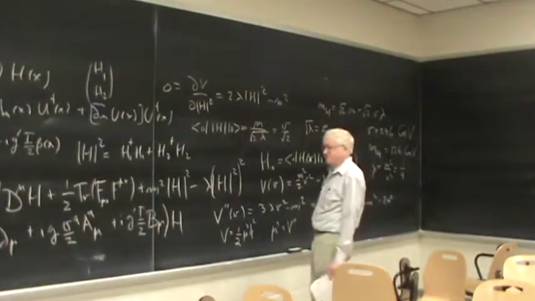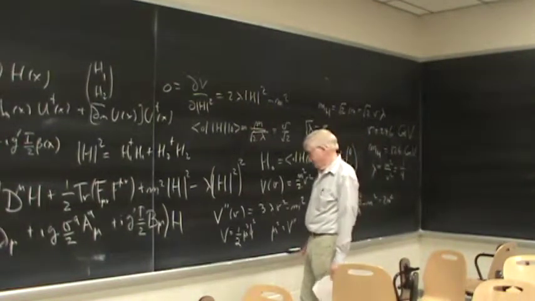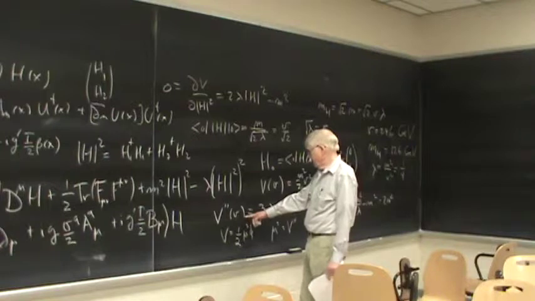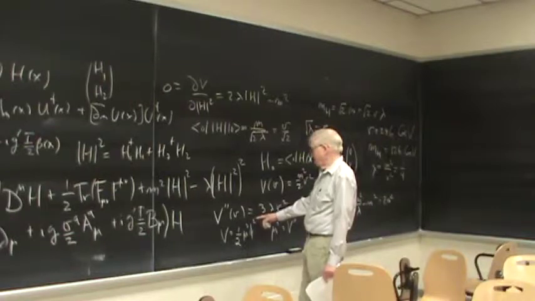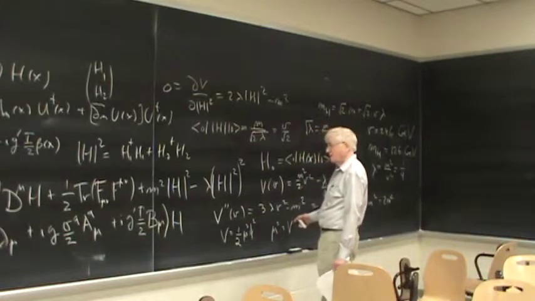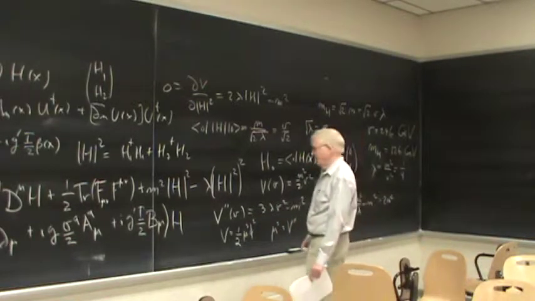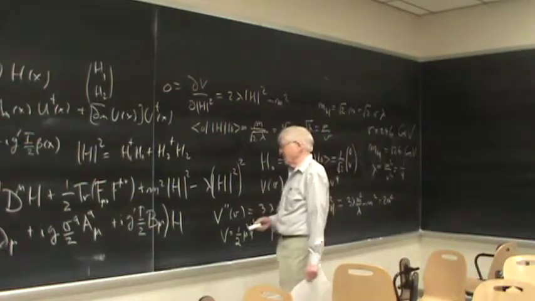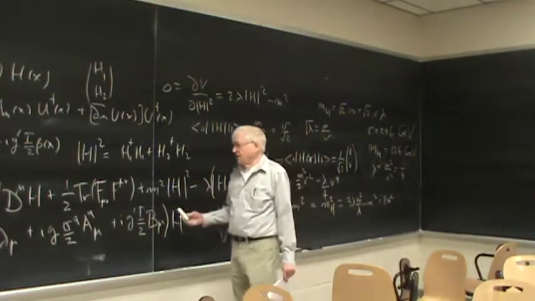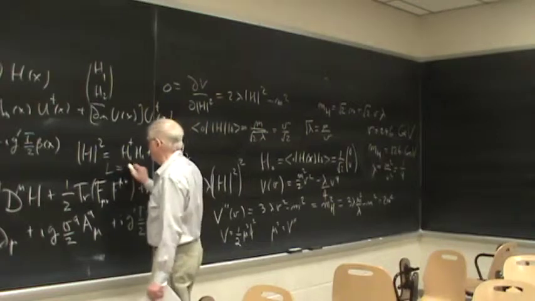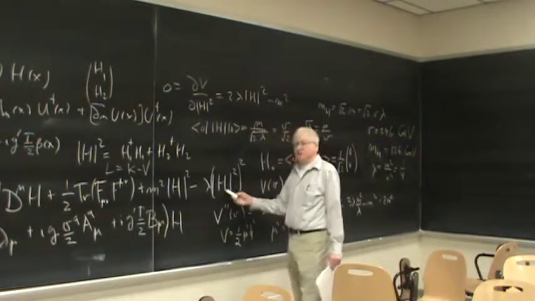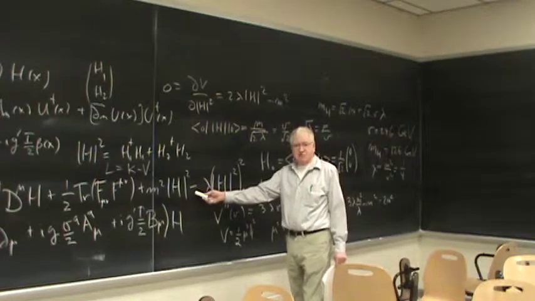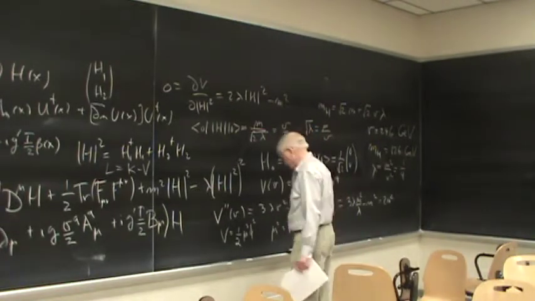Where did I take the second derivative? Right in front of you. There you go. And then one equation up is the original. Oh, well, yes, good point. L minus V. L is always kinetic minus potential. Okay. So the potential is lambda h to the 4th minus m squared h squared. Okay.